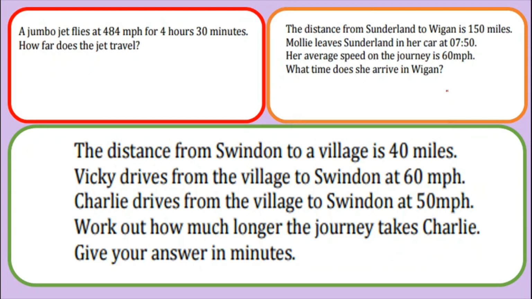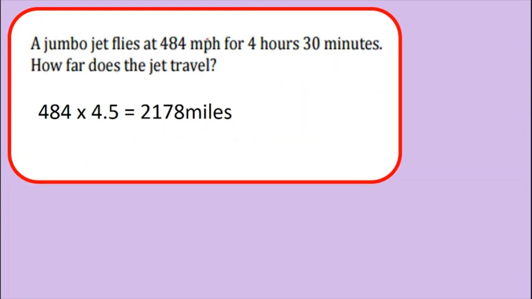Okay, so the first one, 484 miles an hour for 4 hours and 30 minutes. Well, what I've done for that, to calculate the distance, I've done the speed multiplied by the time, and I've used 4.5 instead of 4 hours 30. Okay, because 30 minutes is half an hour, so that's 4.5 hours.